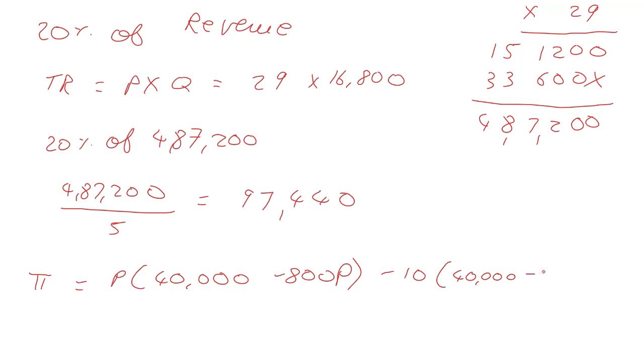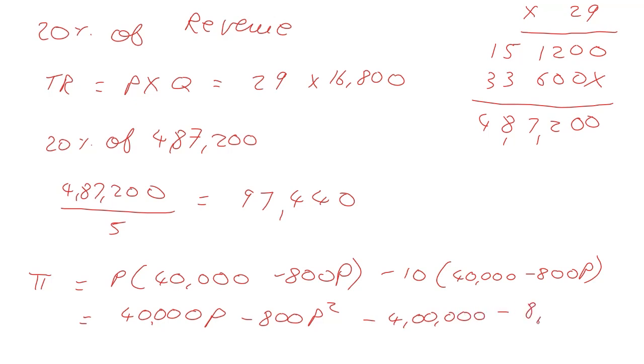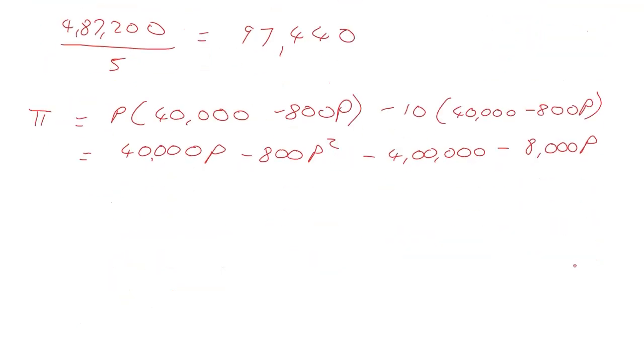40,000 minus 800 P. Which is equal to 40,000 P minus 800 P square minus 4 lakh minus 8,000 P. Now look at the P's.